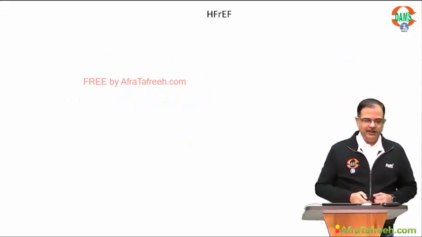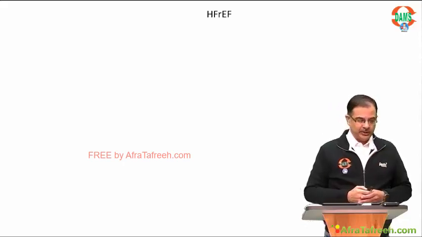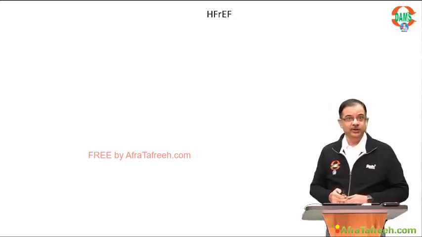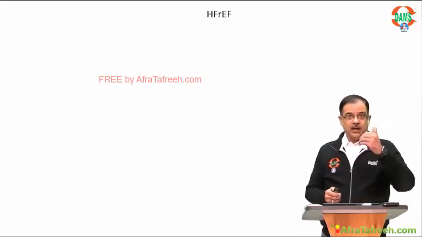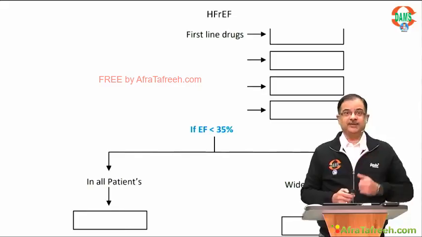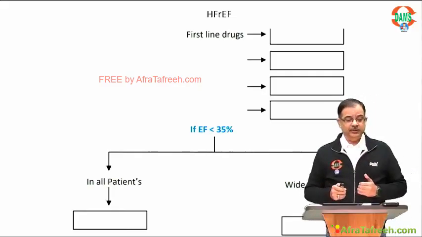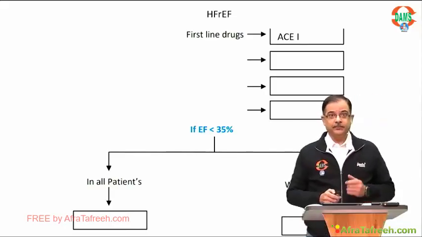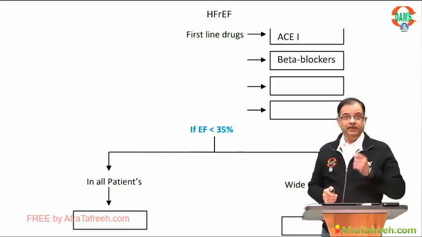The next topic is heart failure with reduced ejection fraction, the CHF patient. The first line drugs we give to the patient are ACE inhibitors and beta blockers.